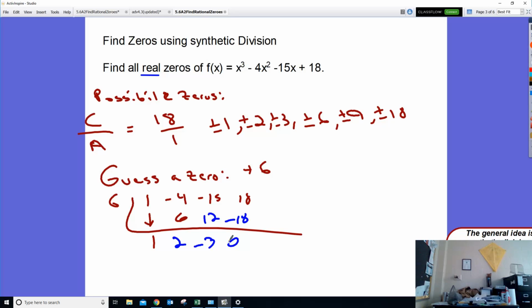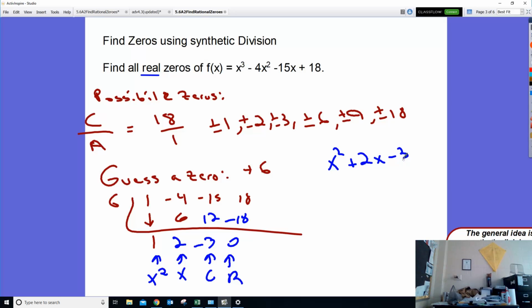What's left? You have a quadratic in front of you. This last piece is your remainder. Preceding the remainder is a constant, preceding a constant is an x, and preceding an x is an x squared. What you did is you reduced this thing down to x squared plus 2x minus 3.